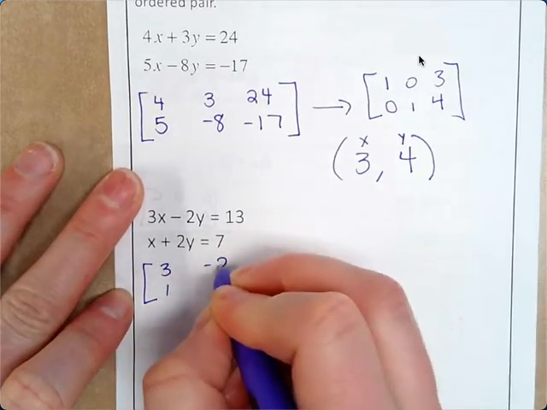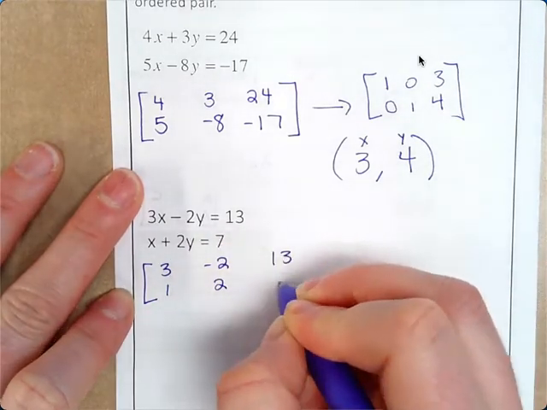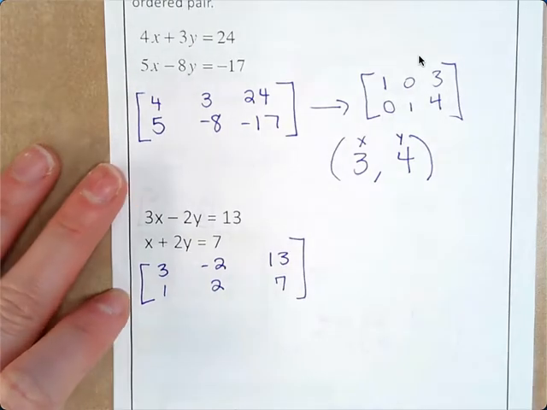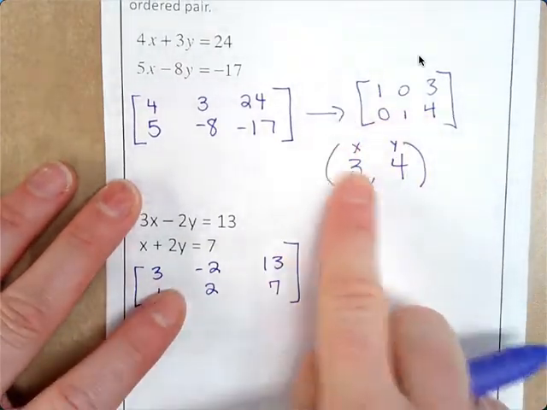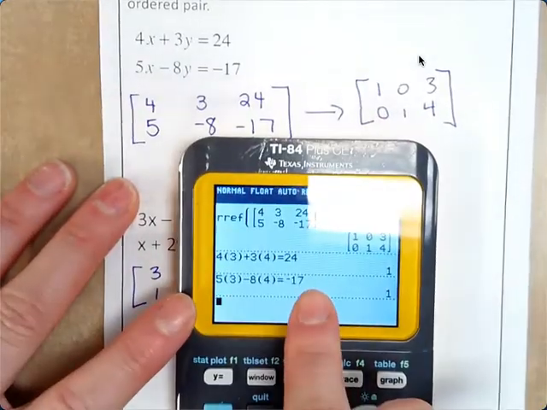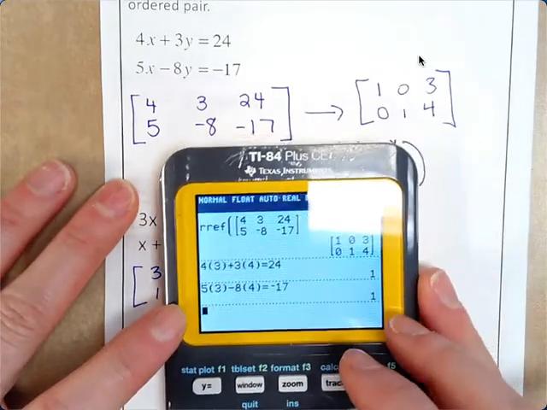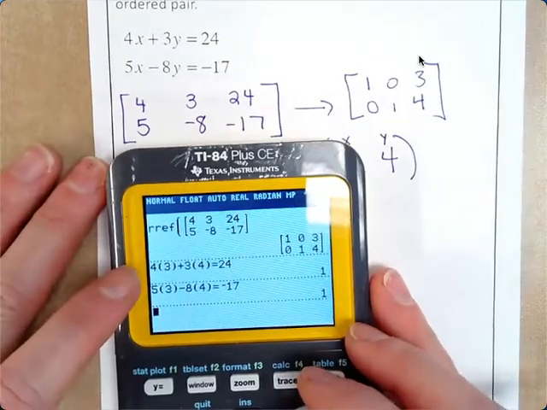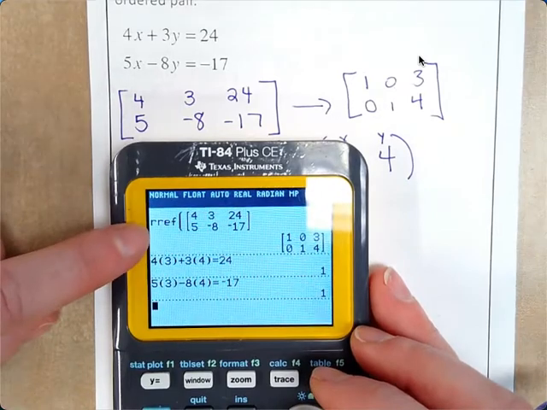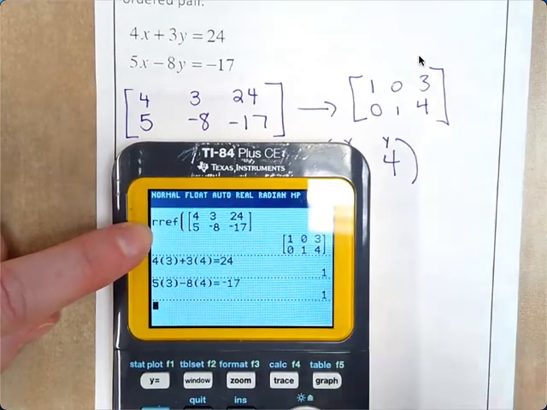Would you ever get like a decimal? Yes, you can get a decimal as your answer. On the RREF? Yeah, you can get a decimal.